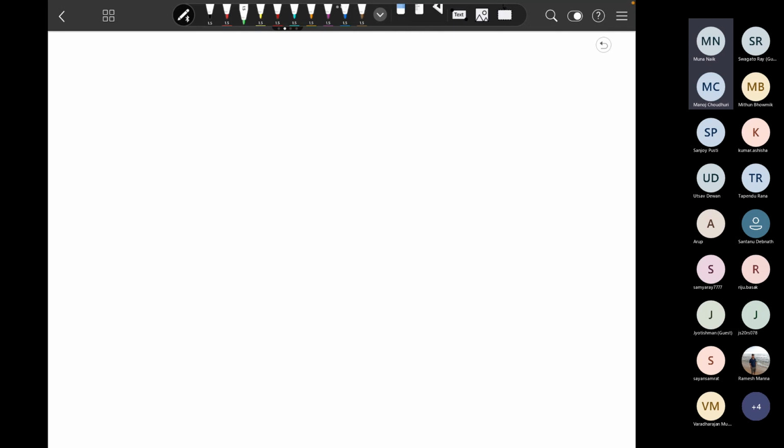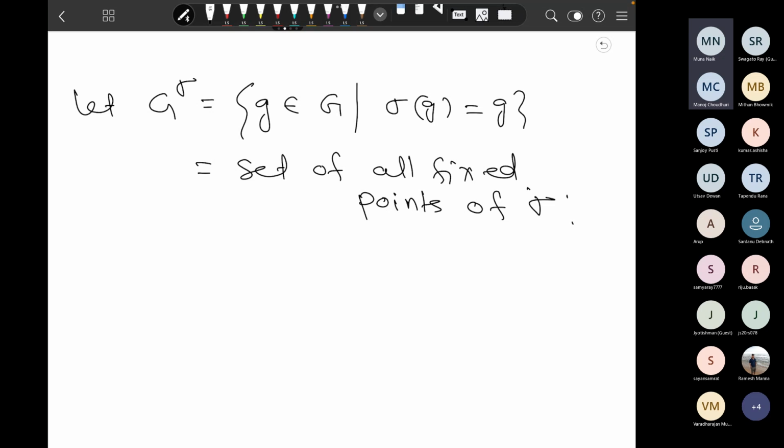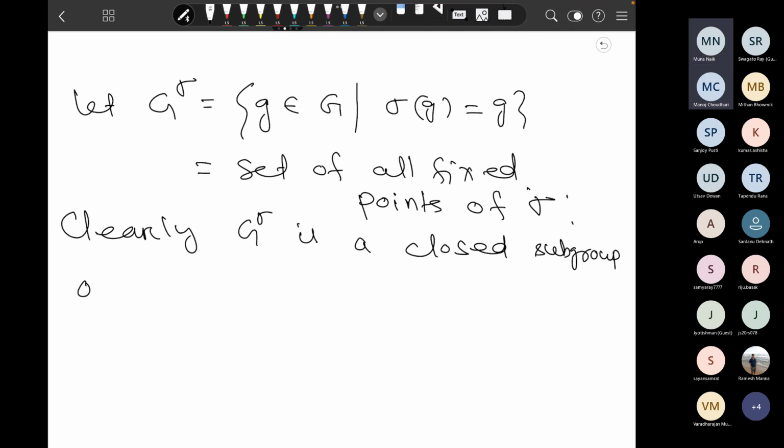Okay. So let G^sigma be the set of all g belonging to G such that sigma(g) is equal to g. This is the set of all fixed points of sigma. Since sigma is continuous, clearly G^sigma is a closed subgroup of G. Therefore, this G^sigma is also a Lie group.